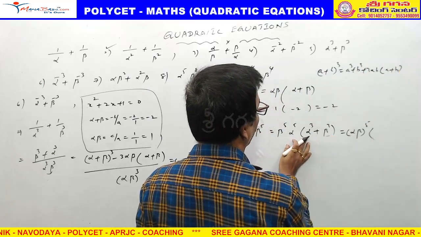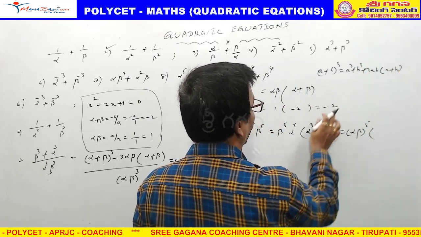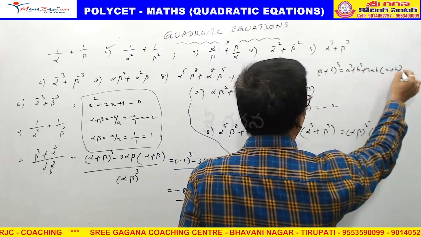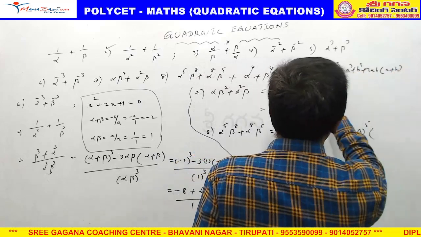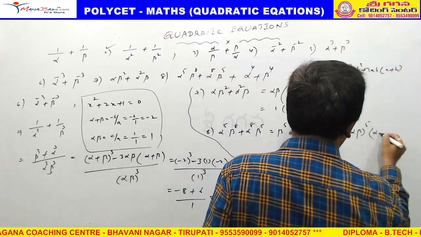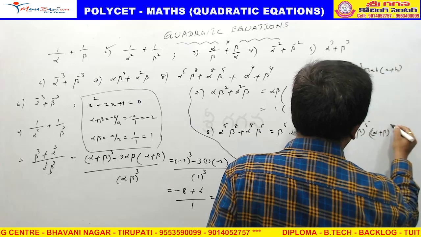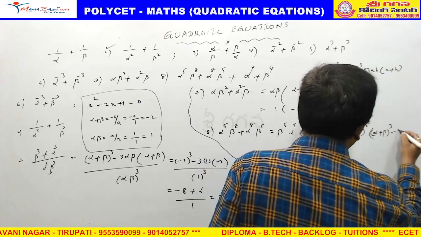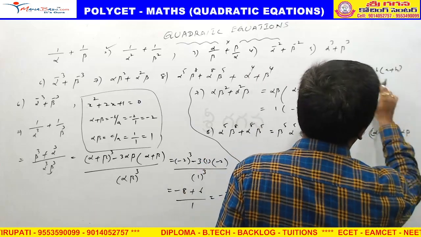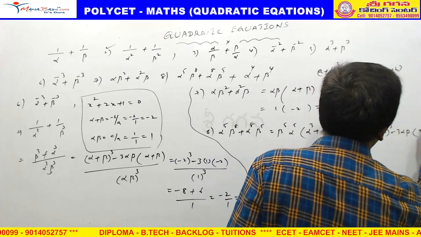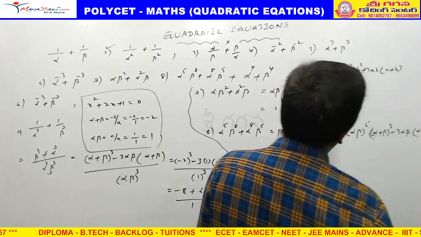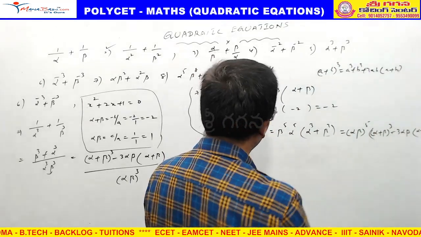The question is asking for the value of alpha cube plus beta cube. So see here, bring this value to this side. Then how to write? Already here I am writing in terms of alpha beta, minus 3 alpha beta, where ab means alpha beta into alpha plus beta. That is the formula. So you can substitute that value.